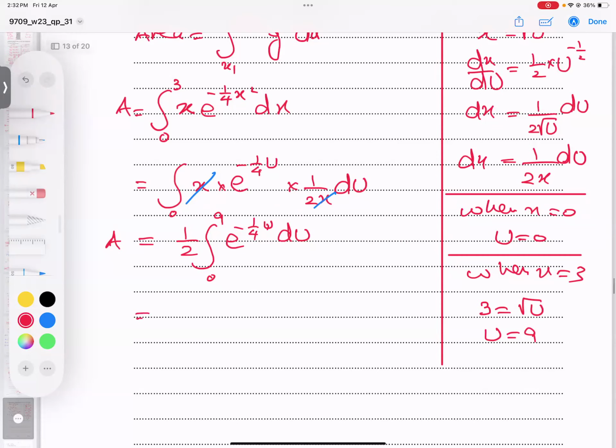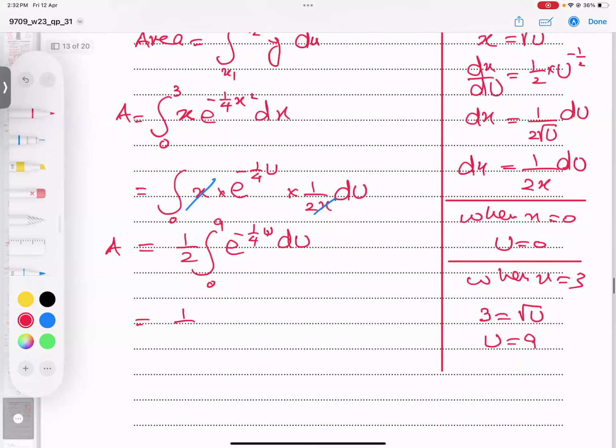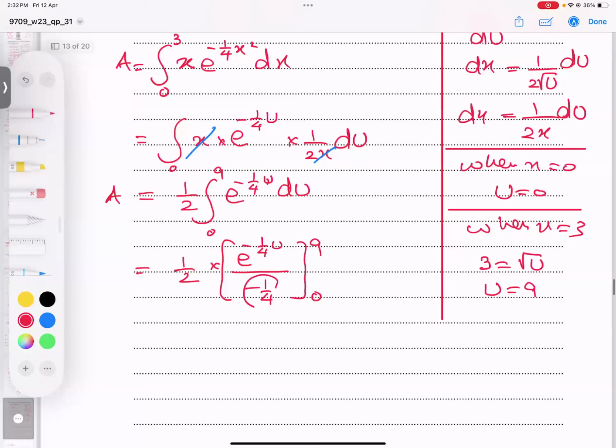And now we have to integrate, and you know it very well. What is the integration of an exponential? First, you keep it as it is without any change, and divide by the power's derivative. The power's derivative is 1 by 4 only, negative 1 over 4, sorry. So the limits I'm writing here are 0 to 9. I can flip this, because 1 over 1 by 2 will flip and become 2 only.